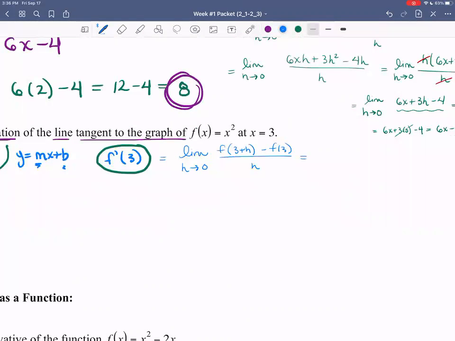Using our function x squared, f of 3 plus h is 3 plus h squared minus 3 squared all over h. And again, we're taking the limit as h goes to 0.